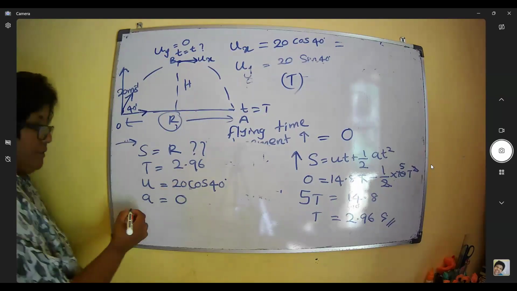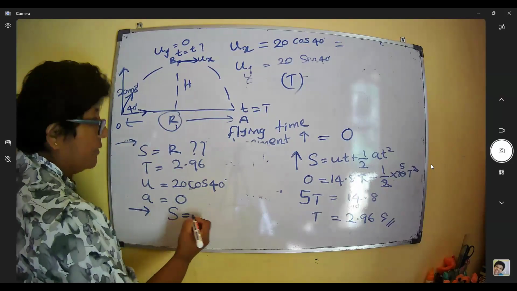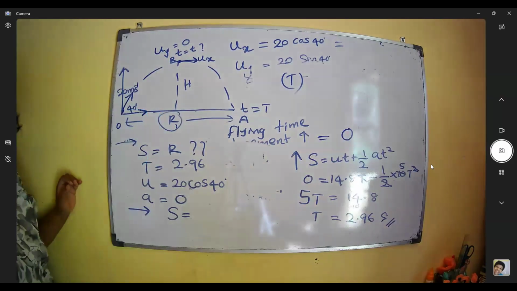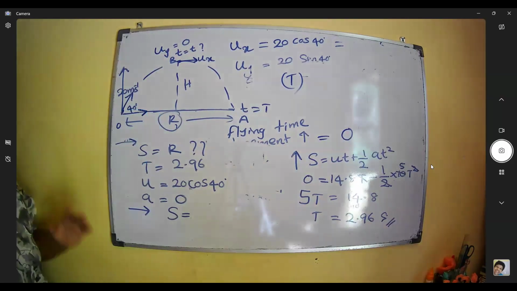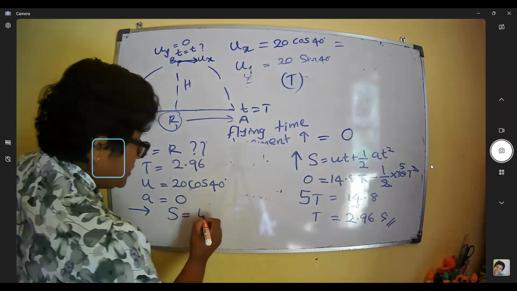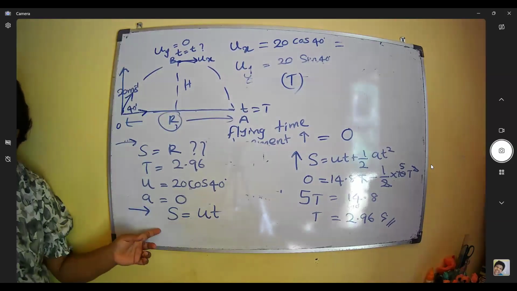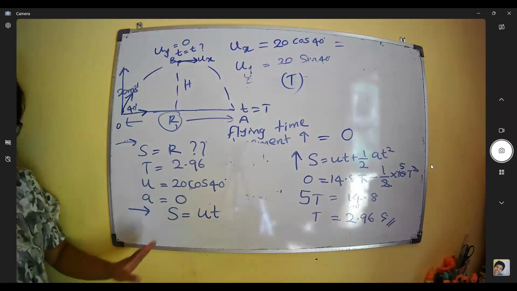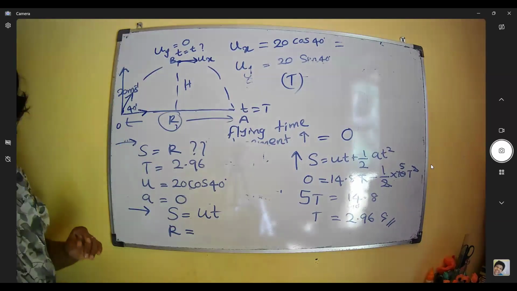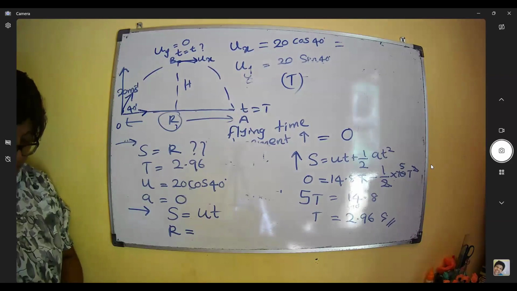So we can put the equation of motion. To find R, it is equal to ut plus half at squared, but the half at squared term vanishes for constant velocity. For constant velocity, displacement can be found as velocity into time, equal to ut. Then displacement R is 20 cos 40 into t. What is the value?